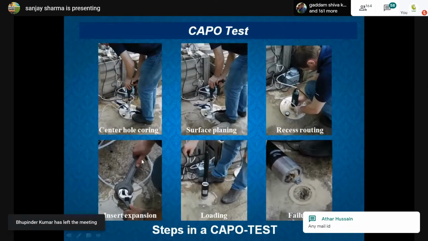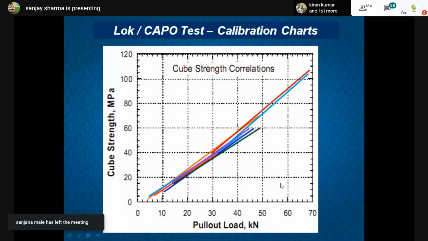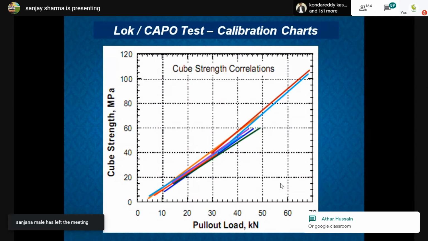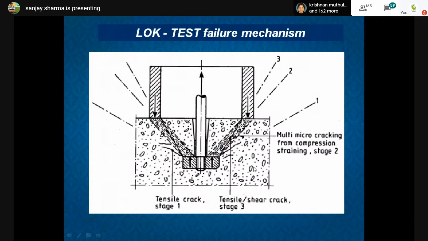You put it there, insert it, and then you find out the failure. The force to pull out that system will give you the compressive strength. So if you compare the pull-out test with the cube strength, you will find it is almost in the same range only.